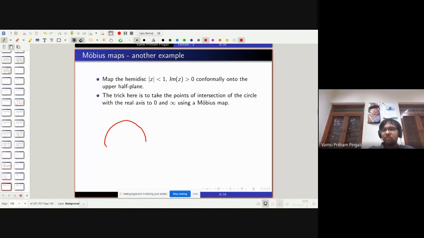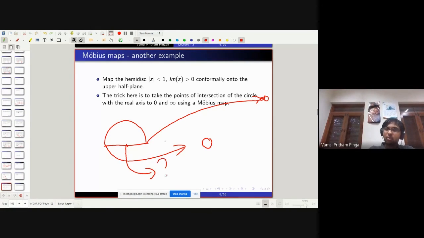That sounds like an odd thing to do. I'm saying take this point to 0, take this point to infinity. When I do this, what happens to this line and what happens to this semicircle?